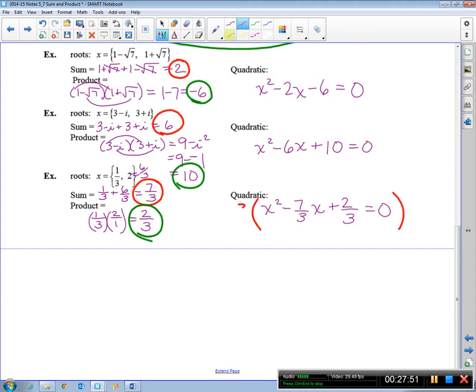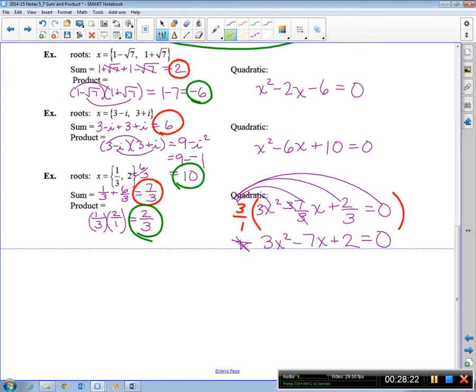If you said multiply through by 3/1, you are in great shape. 3 times x squared, 3 times 7/3 x. We can throw our 3's in here if you want. Those are going to cancel. And 3 times 2/3, and 3 times 0. And there's our quadratic. Looking good.